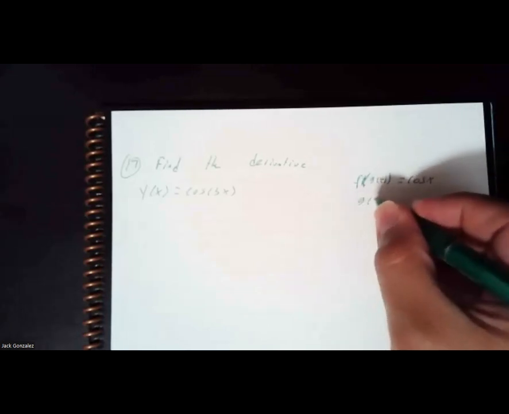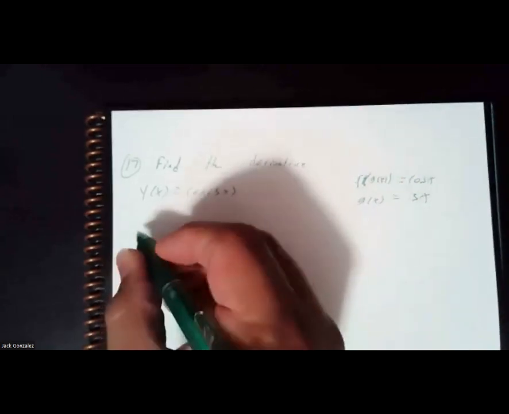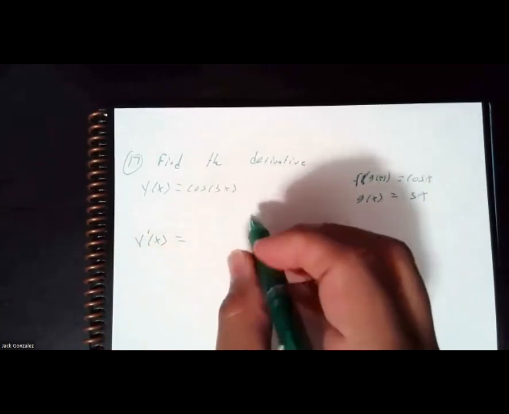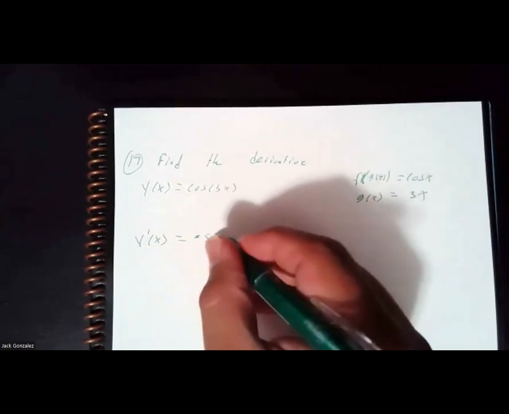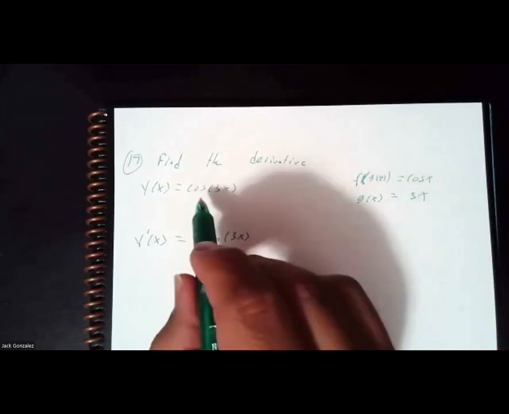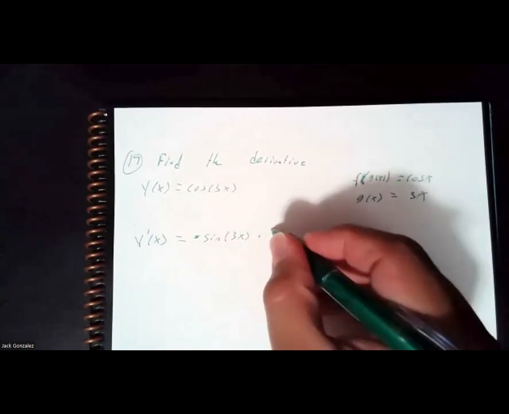The inner function is the 3x. Derivative of cosine becomes negative sine of 3x. So derivative of the outside, derivative of cosine is the outer function, negative sine, then times the derivative of the inside, which is just going to be 3, right?